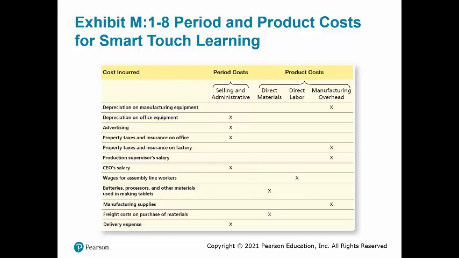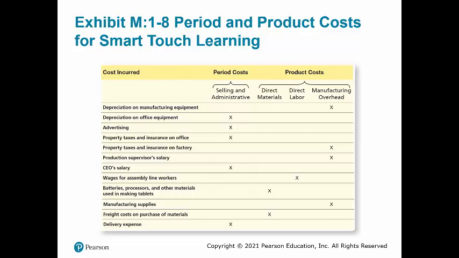But the wages for those assembly line workers, as we said before, they are directly involved in assembling the product, so that would be considered to be a product cost, direct labor. The batteries, the processors, all of the materials that are directly involved in manufacturing the tablet computers are going to be the direct materials. But any of those other manufacturing supplies like that glue that we talked about, those would be included in overhead.